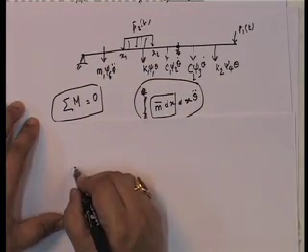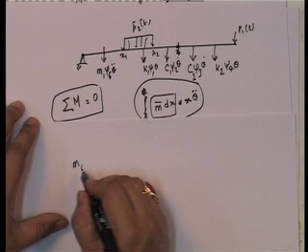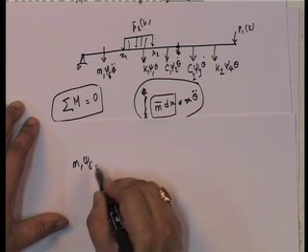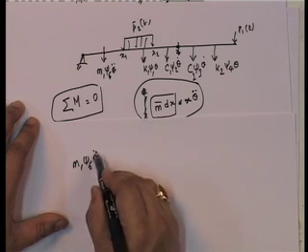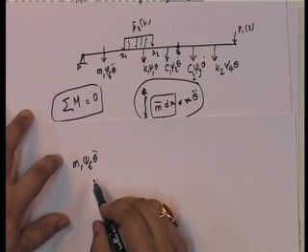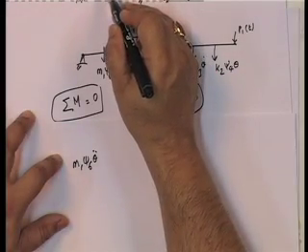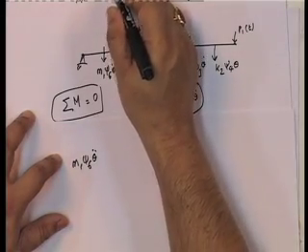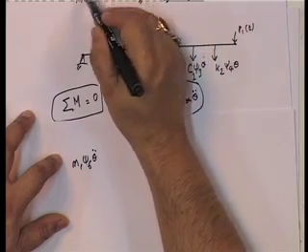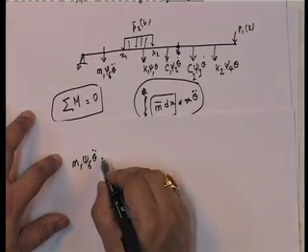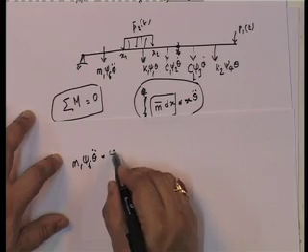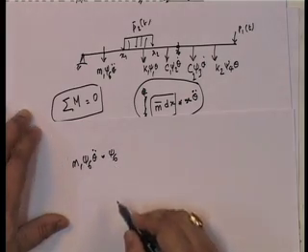So, the first one is m 1 xi 6, this is the force, and if this is xi 6, it implies that the distance from this point is xi 6. So, this is going to be equal to xi 6.